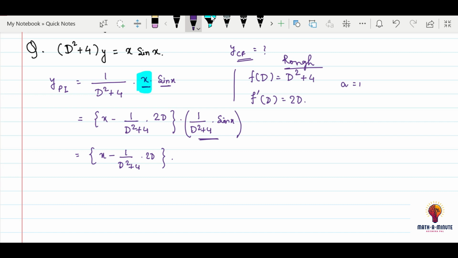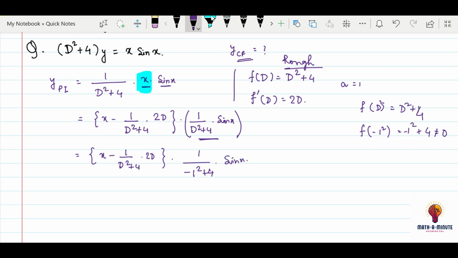And if I put minus 1 square in the place of D square, it will be minus 1 square plus 4. So we can put this value because this value is not equal to 0. Into sin x.